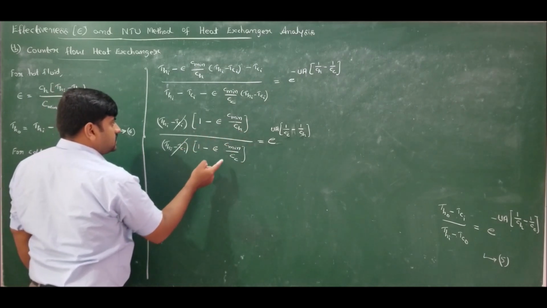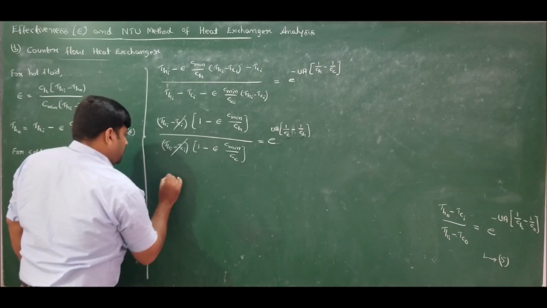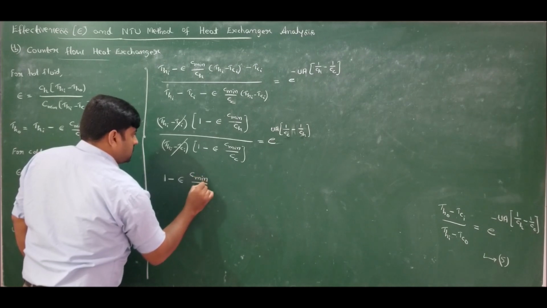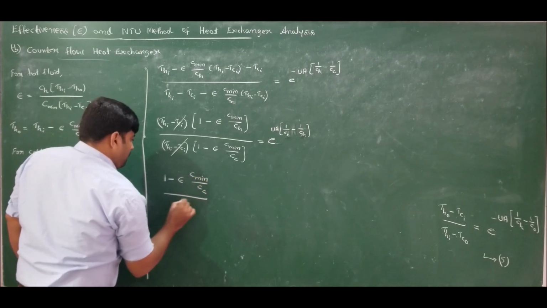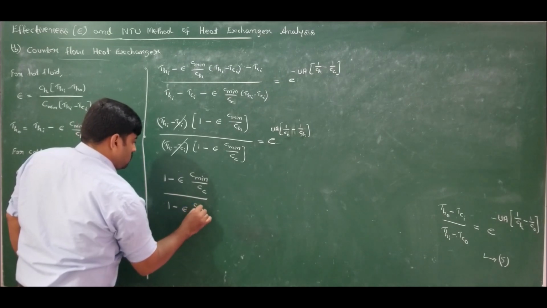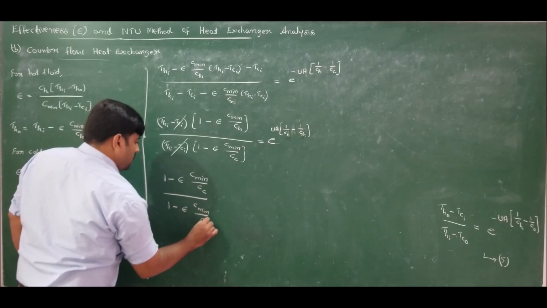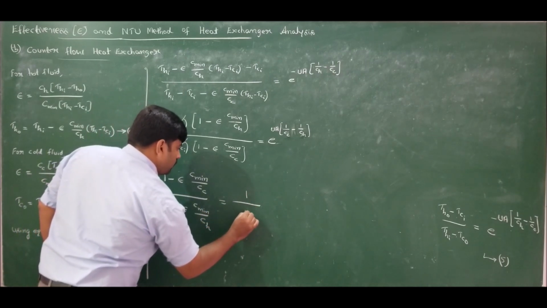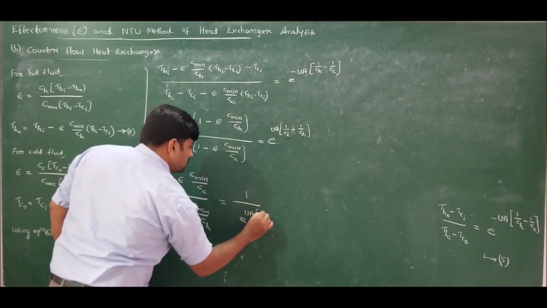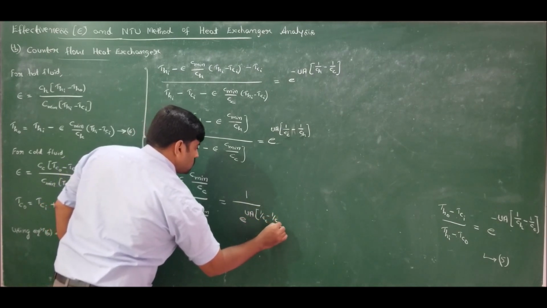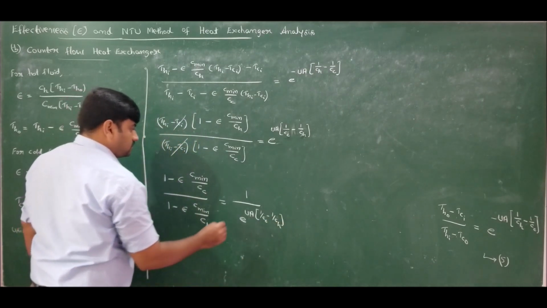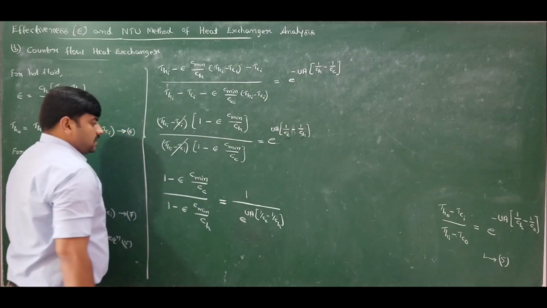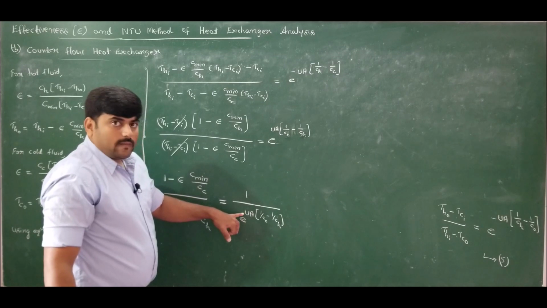If I take the reciprocal, I can write it as, taking this to the numerator, 1 minus epsilon C minimum by Cc divided by 1 minus epsilon C minimum by Ch is equal to 1 divided by e to the power of UA times 1 by Cc minus 1 by Ch, because I want minus NTU in the standard equation.